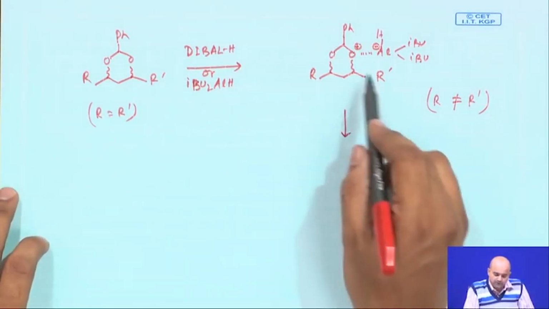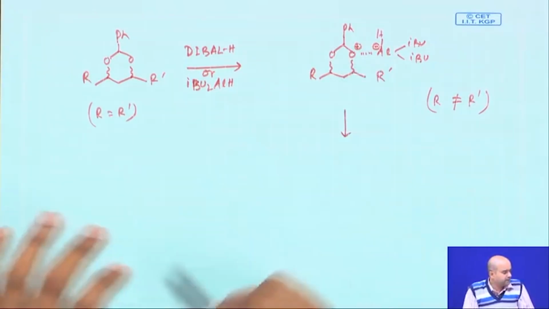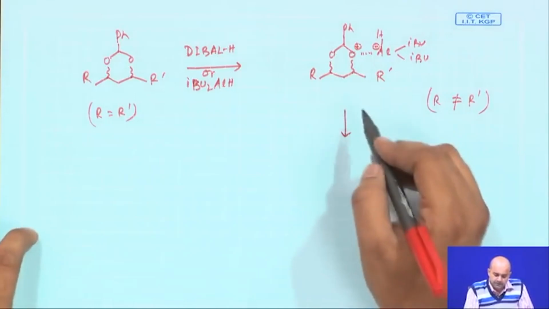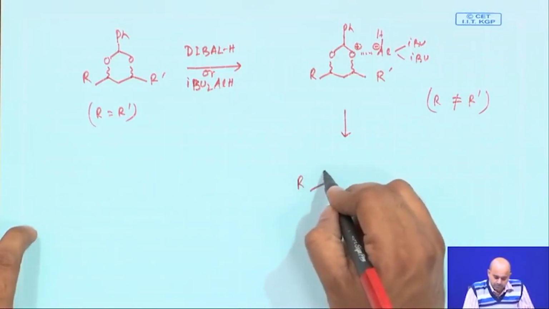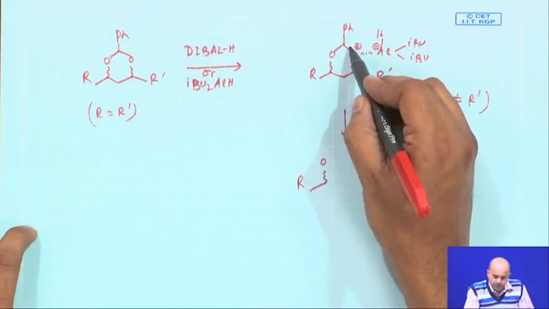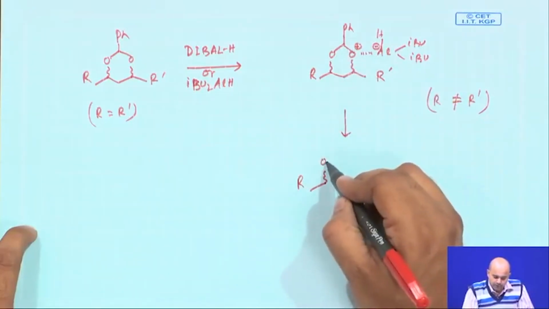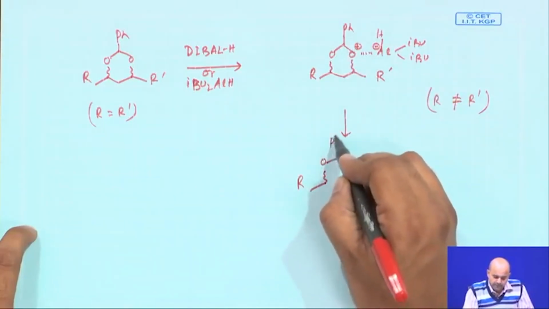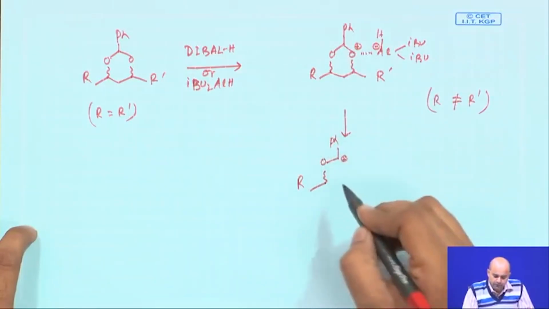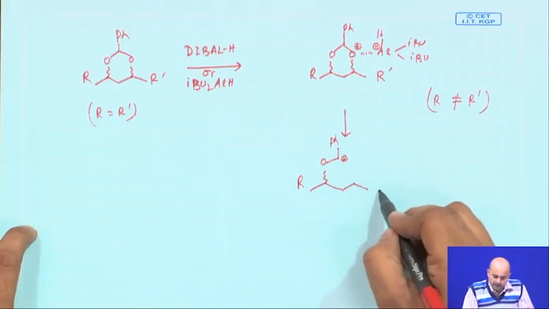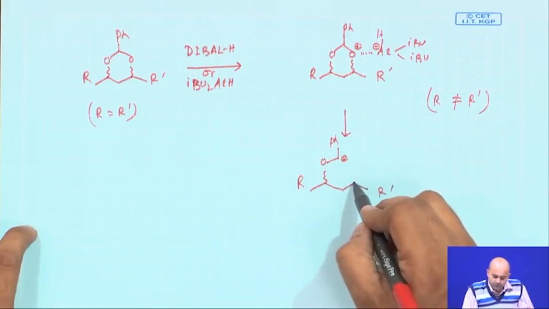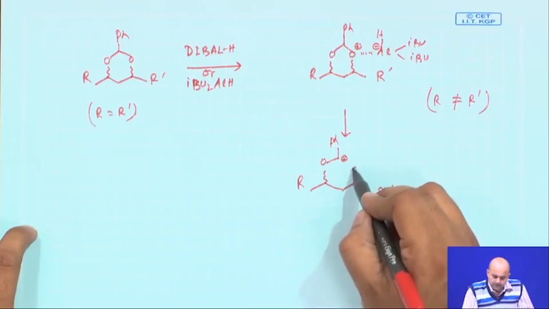Now, once this initial coordination takes place, this particular bond is polarized, and you will find that it will open up in this way to give you a benzyl kind of cation. As all of us know, a benzyl cation is quite stable.